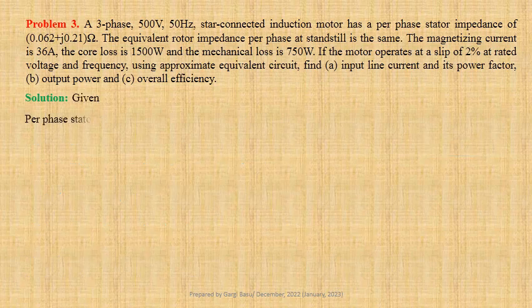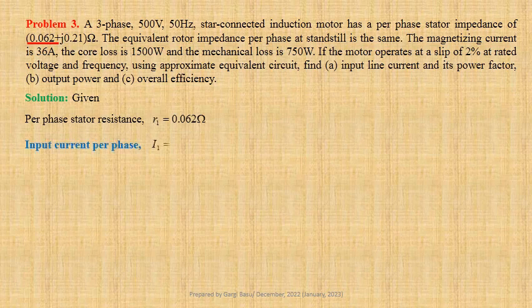Given per phase stator resistance R1 equals 0.062 ohm, we have computed input current per phase I1 equals 103.2374 ampere. Let us now calculate stator copper loss. PS copper equals 3 times I1 square into R1.